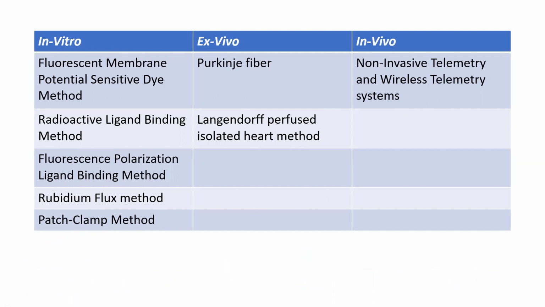Let's see one by one how these methods are useful. The first method is the fluorescent membrane potential sensitive dye method. In this method, the very first thing is that the cells are transfected with the hERG gene.